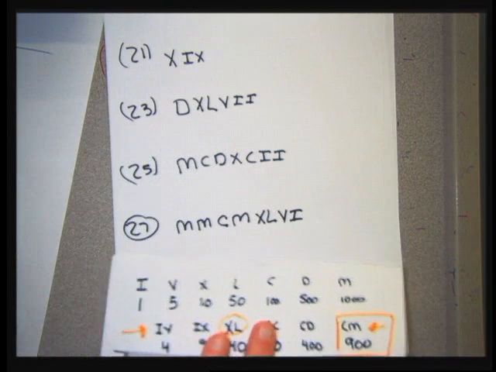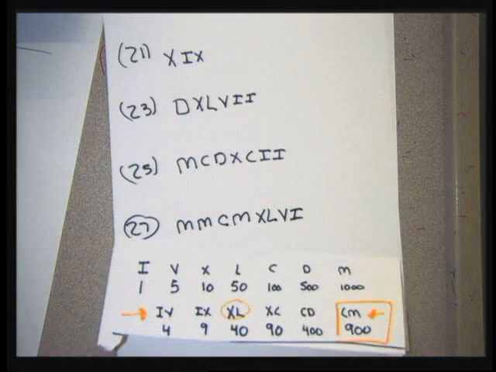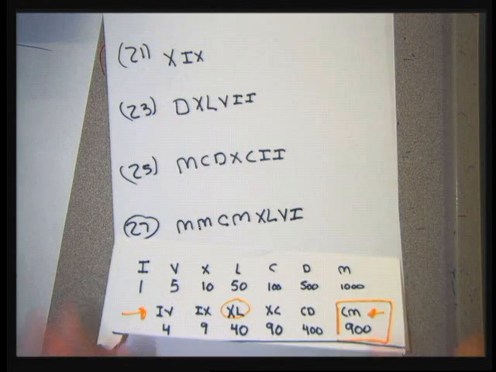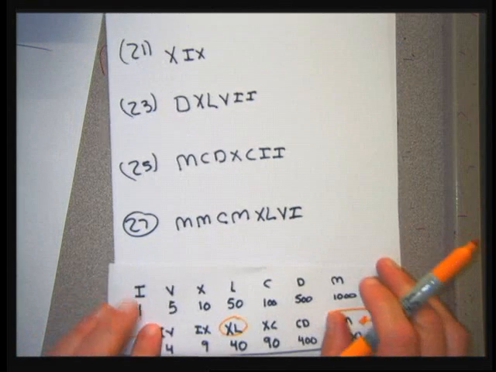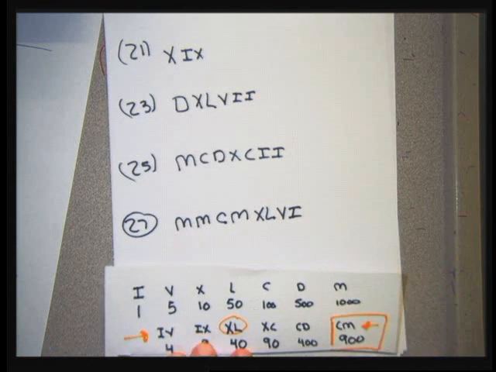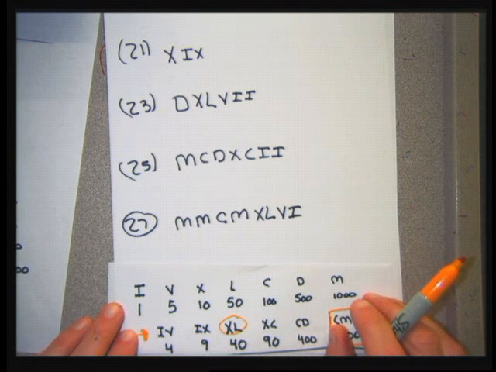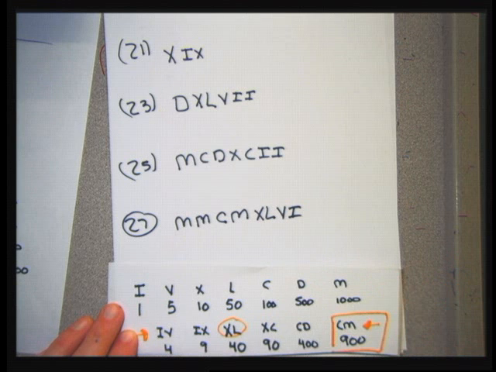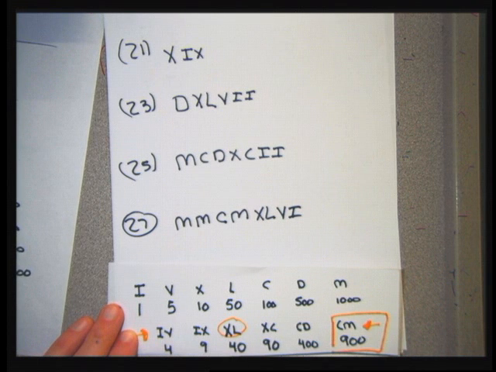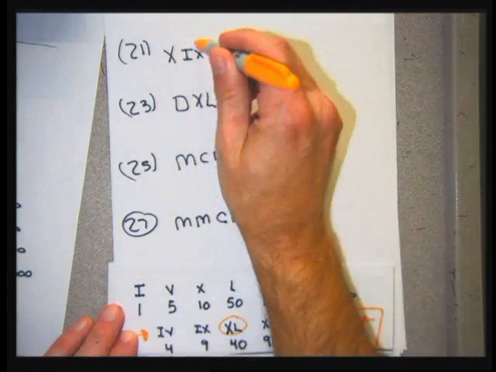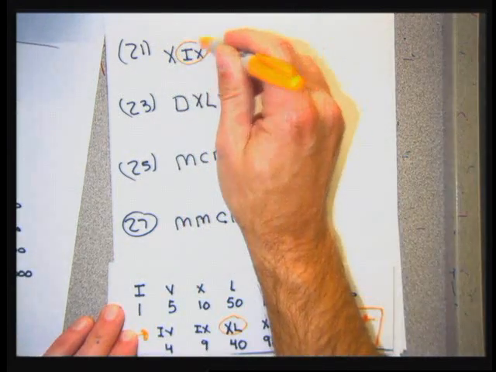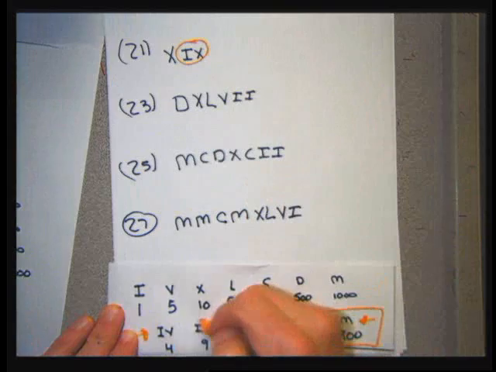So anytime I'm asked to write something that starts as a Roman numeral and write it as Hindu-Arabic, or regular numbers, I look for any of the 4s or 9s, and hopefully you've done problem 20. Hopefully you paused the video, did all 4 of these problems, and now you're watching just to check yourself. So when I do 21, I see IX is a 9.